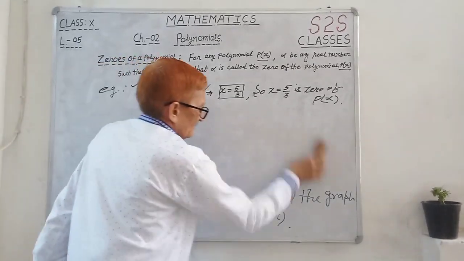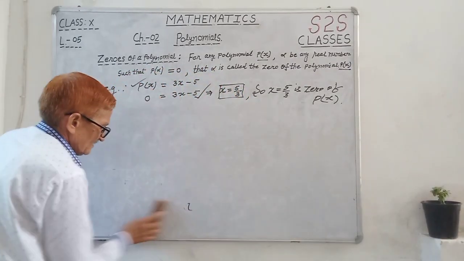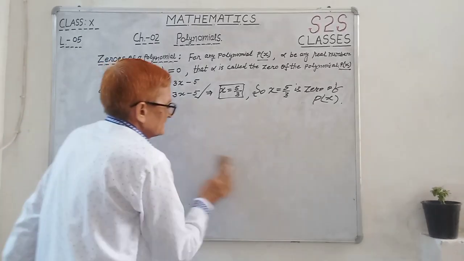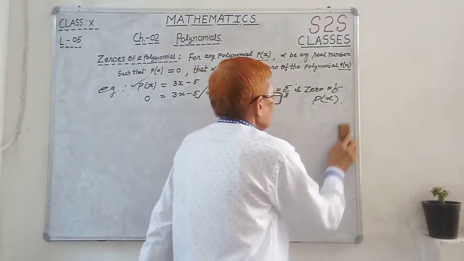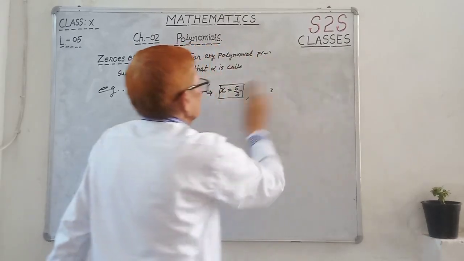Now, after this, how can we make an algebraic representation if any mathematical statement is given?